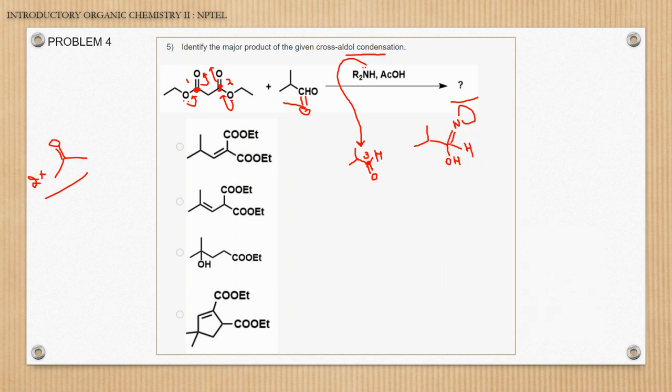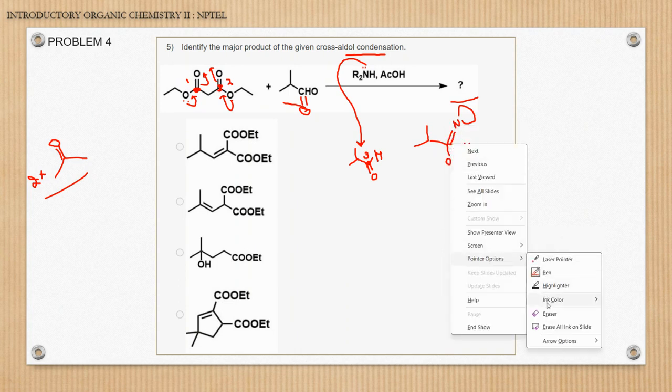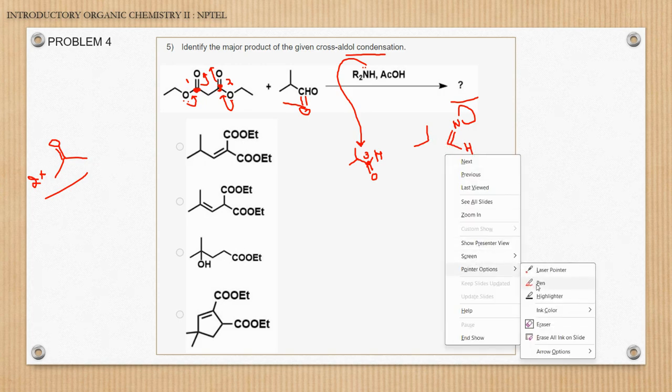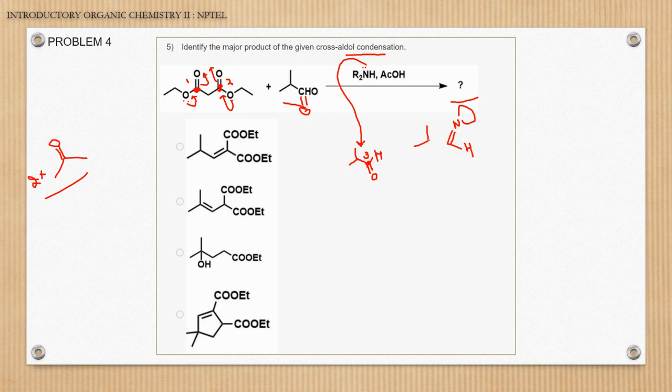Basically there is a double bond getting formed between this carbon and nitrogen. So this is this. Fine. So basically they are activating your aldehyde. This is a simple way to activate an aldehyde.